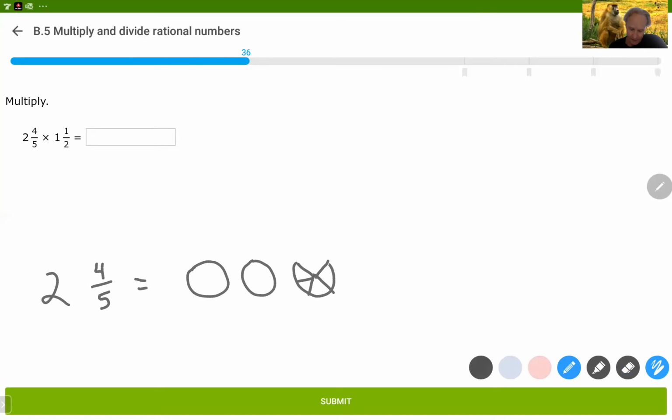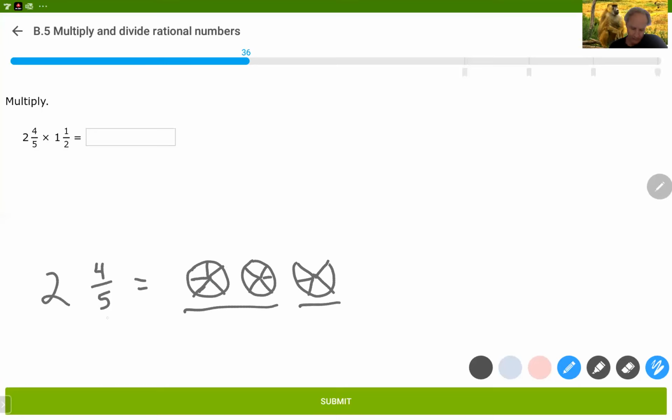As you can see, there are some extra fifths here. There's, let's see, 1, 2, 3, 4, and one more. There we go. And the reason that I multiply 2 times 5 is to get this 10/5, and then 4 more.